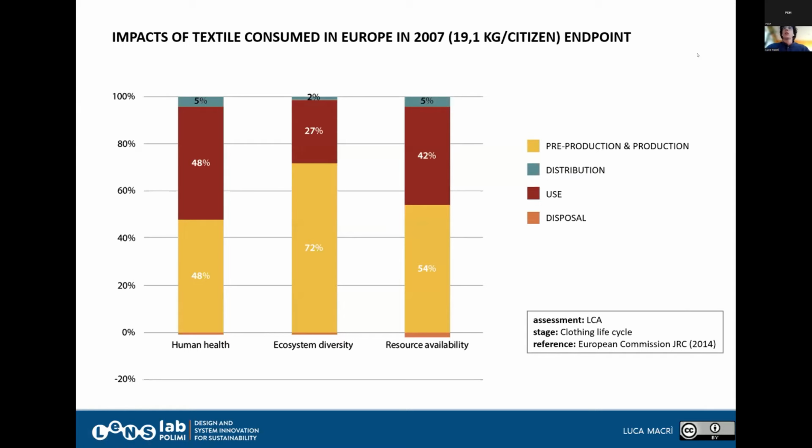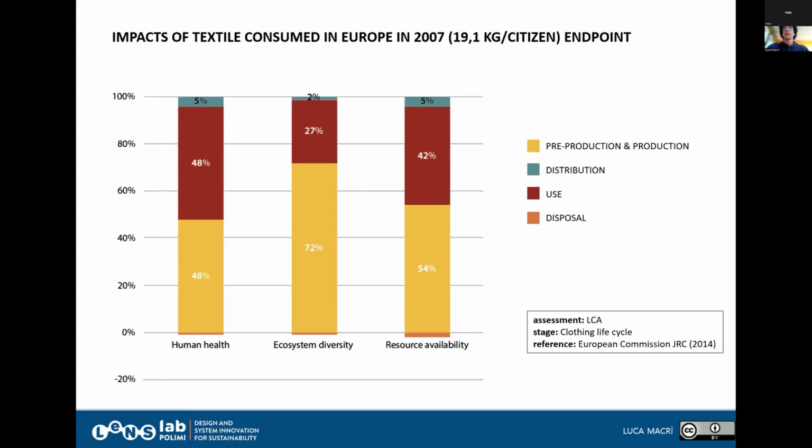Okay. So again, at a glance, this is the result of a life cycle assessment, and we have three categories. We are not going in depth of what is the way of calculation of those, so trust me on this. But at a glance, you can see that pre-production and production of clothing are the most impactful stages along the life cycle. Second, we have the use.